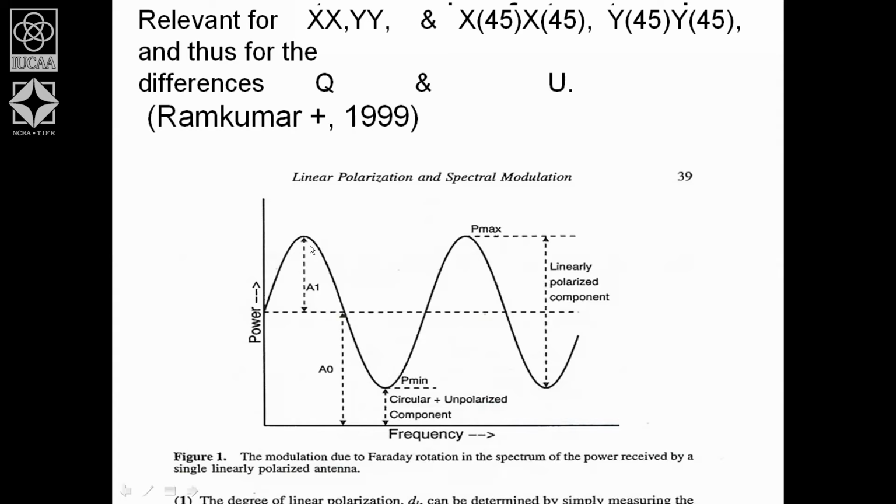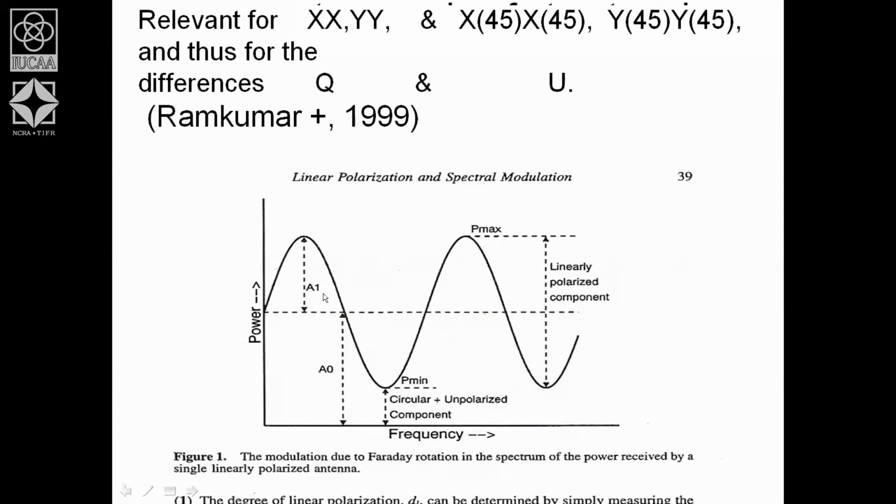The sinusoidal variation will have excursions on either side, which will be proportional to the amount of linearly polarized component. The minimum intensity I will get will correspond to the randomly polarized component as well as any circular polarization component that might exist.